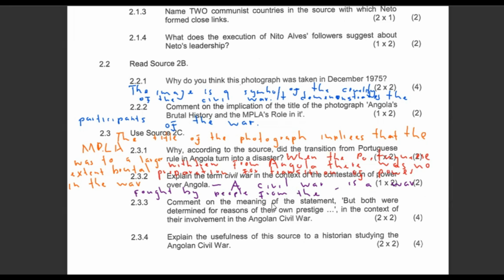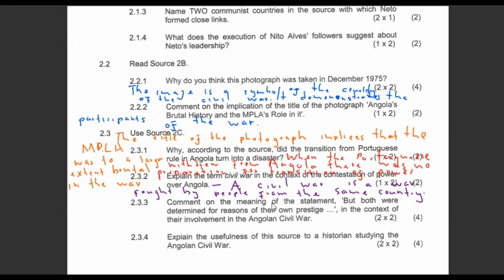For example, in Angola, we had three different liberation movements fighting against one another. We had the MPLA on one side, then the FNLA on the other side, then there was also UNITA on the other side. Those three liberation movements were fighting against one another. Such a state of affairs is referred to as a civil war. So a civil war is a war fought by people from the same country.